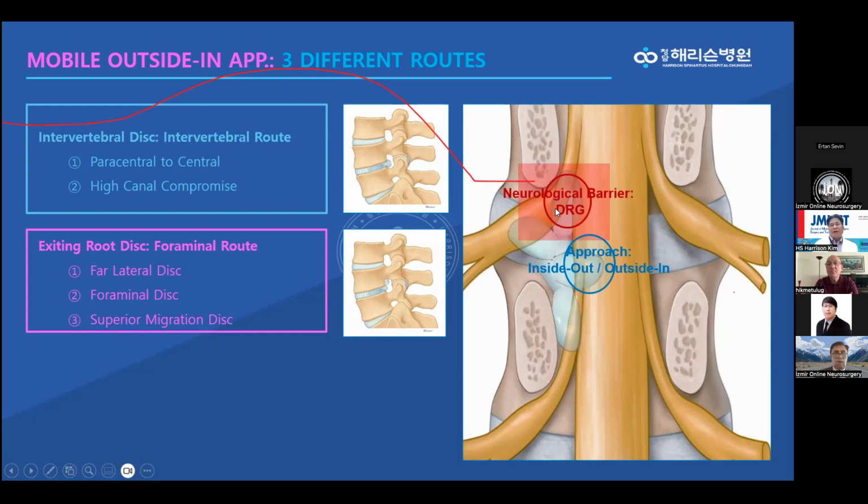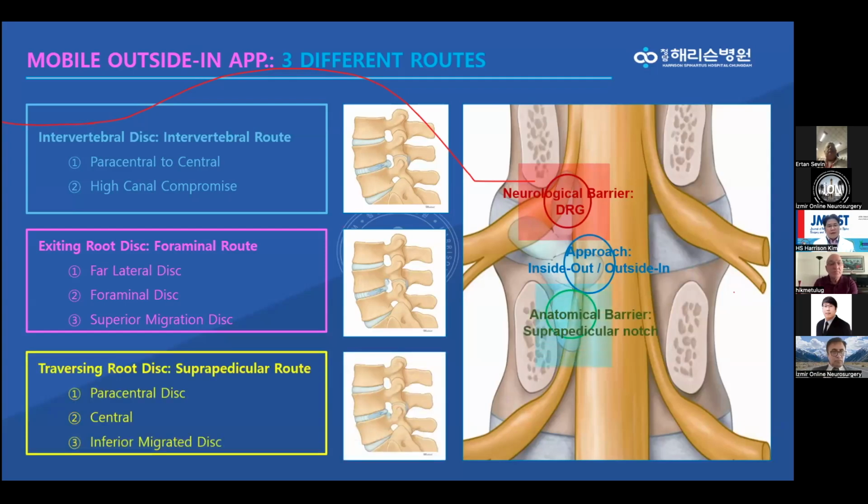But here there is a neurological barrier, the dorsal root ganglion, so gentle retraction of the dorsal root ganglion will be the key to success of this foraminal route approach. In the foraminal route approach, two points are very important. First, protect the dorsal root ganglion. Second, sufficiently approach the foraminal area using a large working channel, with the riding technique that I will introduce later.